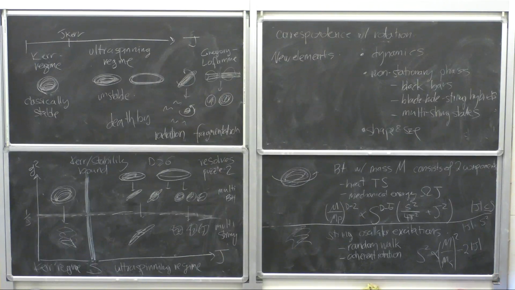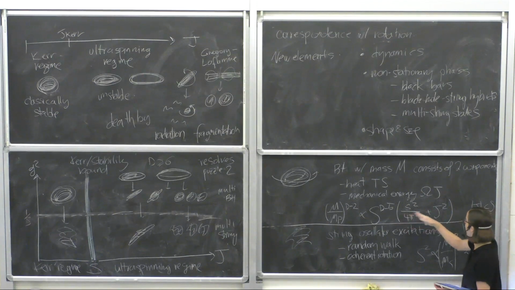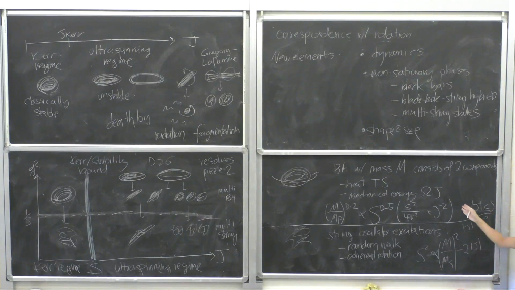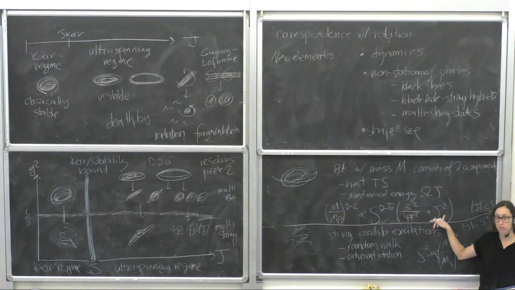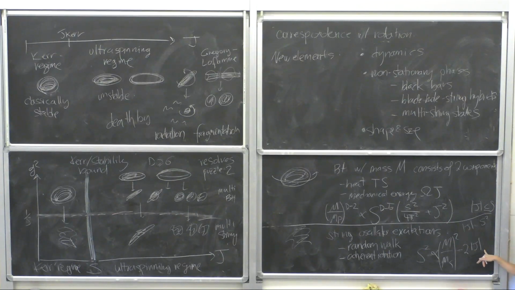So from these two formulas, which relate the entropy, the mass, and the angular momentum for black holes and strings, it looks like the effect of rotation comes in as a square for the black hole, but linearly for the string. If I now compute the sizes of these two objects and I find that the functional dependence in terms of j is different between black holes and strings, then I don't have a correspondence.